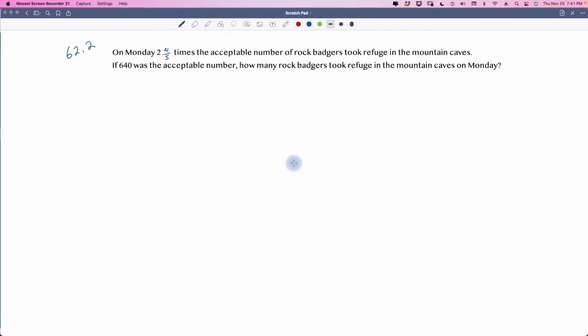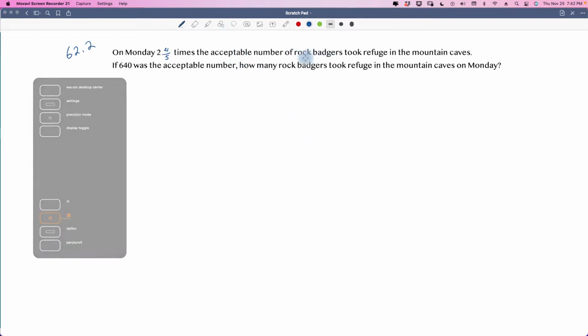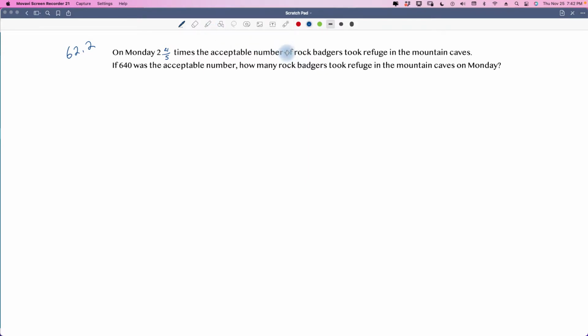All right, 62.2. On Monday, 2 4/5 times the acceptable number of rock badgers took refuge in the mountain caves. So we can get rid of rock badgers, right, in the mountain caves. So on Monday, 2 4/5 times the acceptable number took refuge.